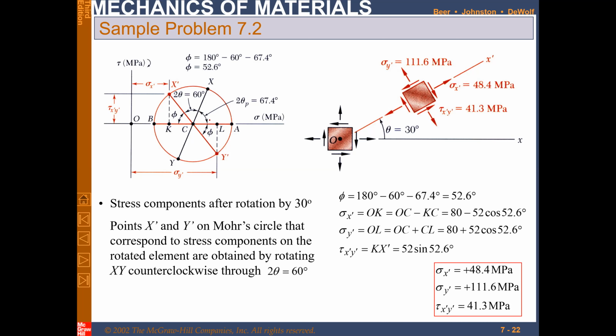And then from there you go ahead accordingly for the 60 degrees, because the total from here to here is 180 degrees, 2 theta is 180 degrees, right? 2 theta p is 67.4, right?